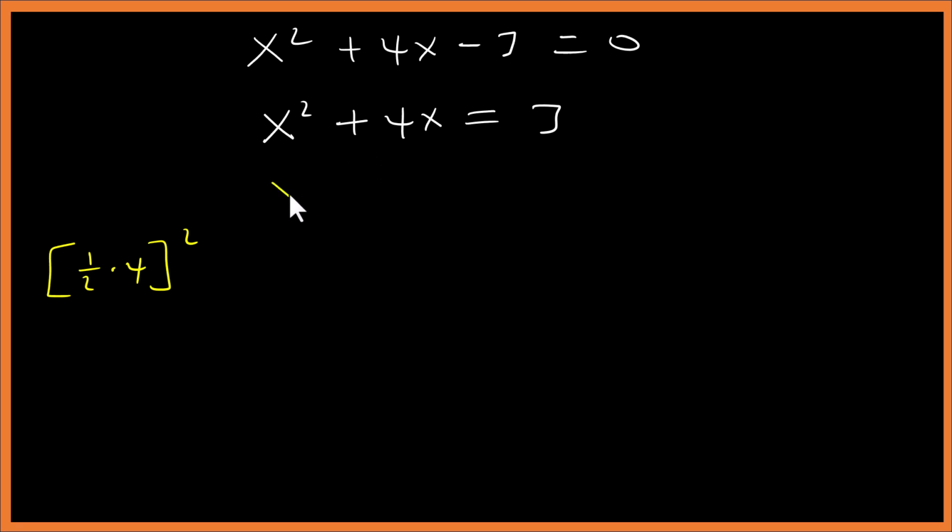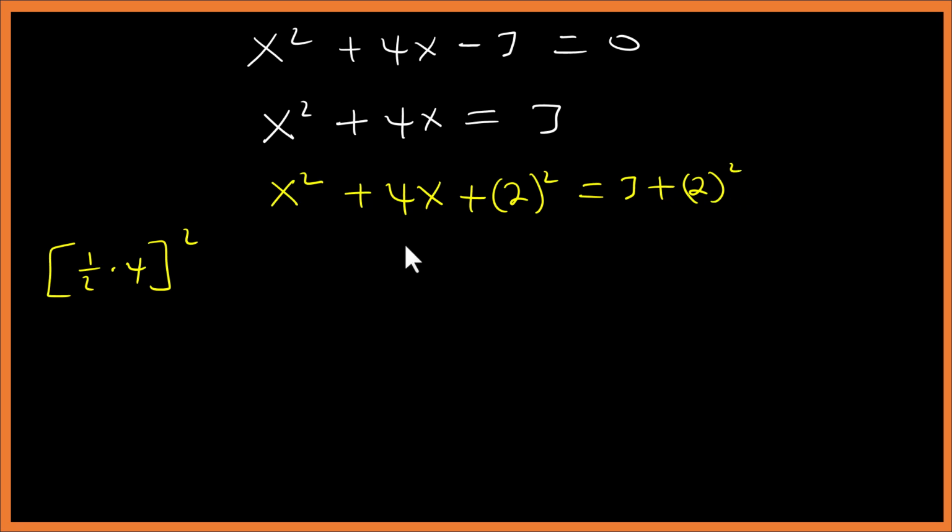So we have x squared plus 4x plus 2 squared equals 3 plus 2 squared. So I have (x plus 2) squared.